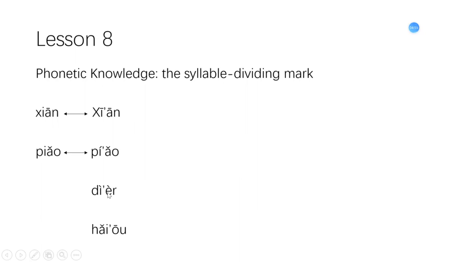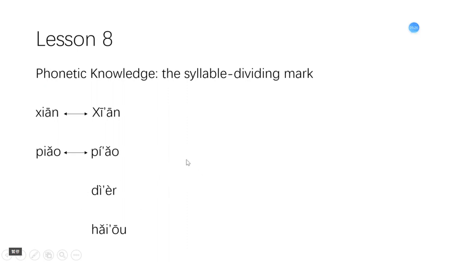So the syllable dividing mark, this single comma, is used to distinguish the syllables. The first syllable ends here, and then the other syllable begins. So then it is easy for us to see, oh, this one is di and er.